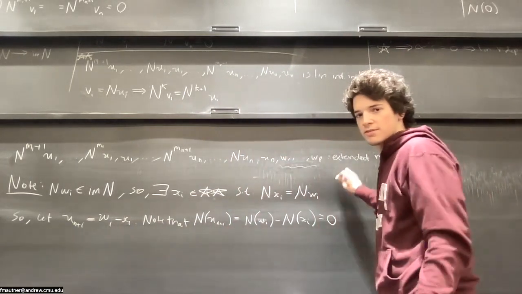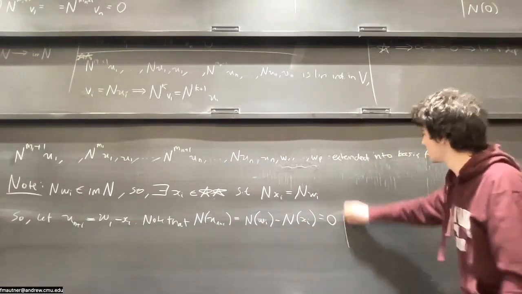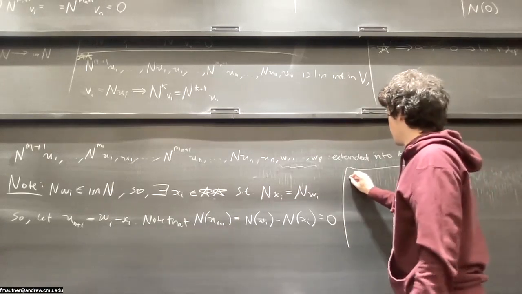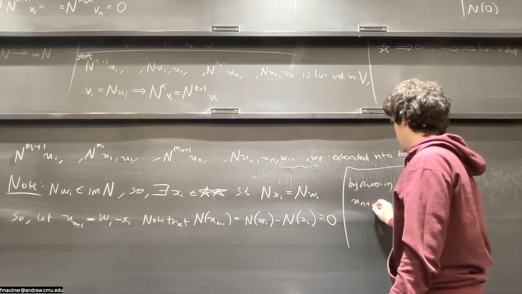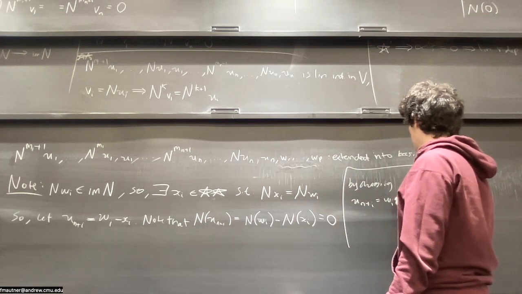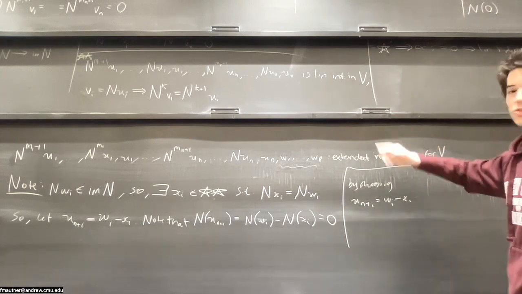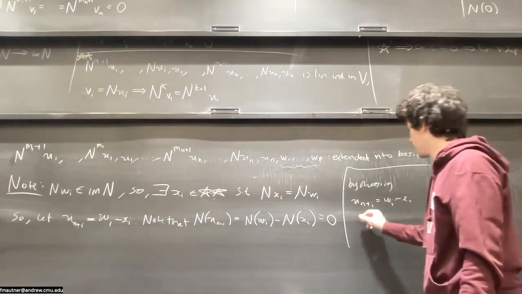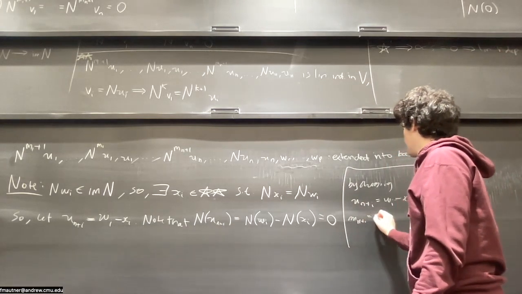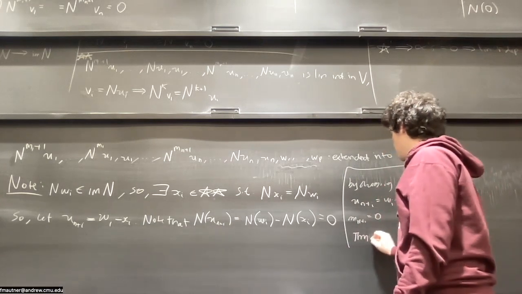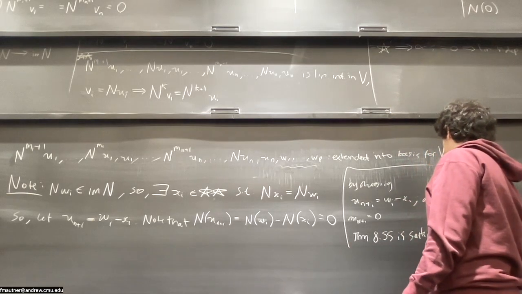Just to restate here, by choosing u sub n plus i's to be equal to w sub i's minus x sub i's, where the x sub i's are the ones we have in star star, which are right there on the top, and we'll call the m sub n plus i's to be 0, Theorem 855 is satisfied.